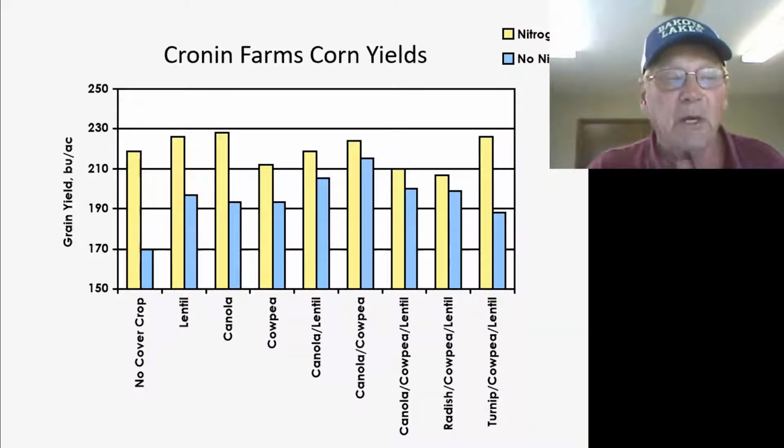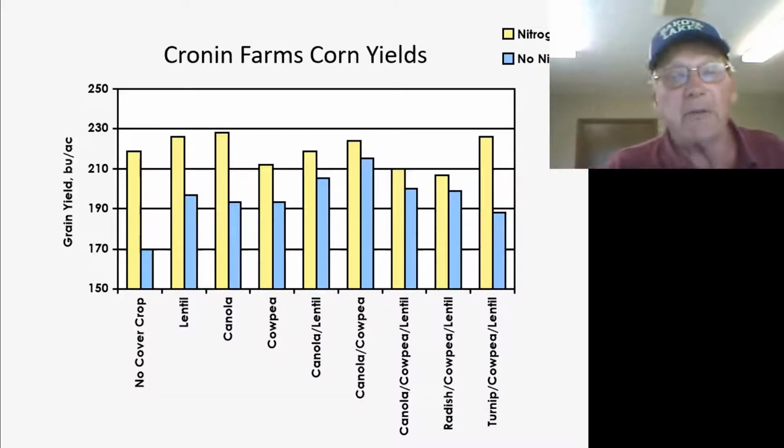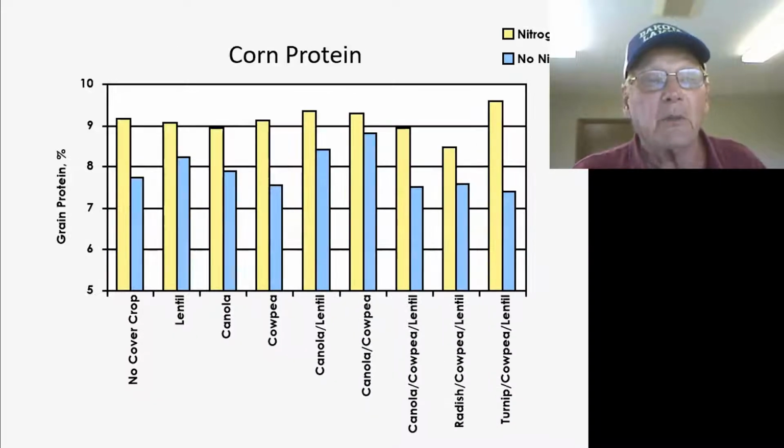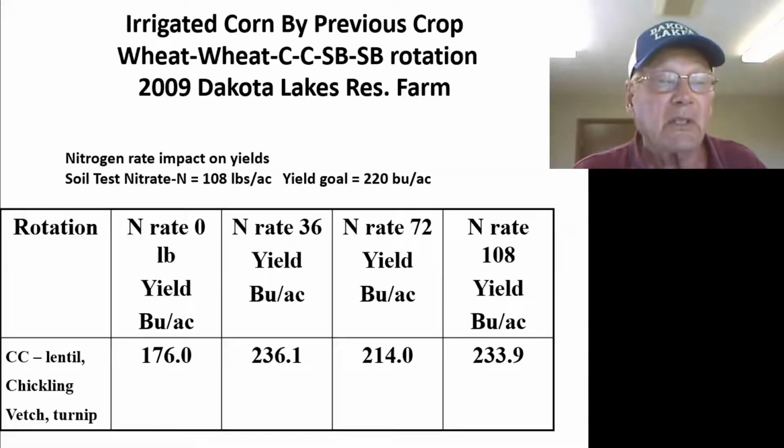And there's a big response to fertilizer even with the low carbon-to-nitrogen ratio species, both in yield and in protein as well. The one that came closest to supplying enough nitrogen would be something like a canola and a cowpea. There are protein differences, not as distinct, but still distinct.